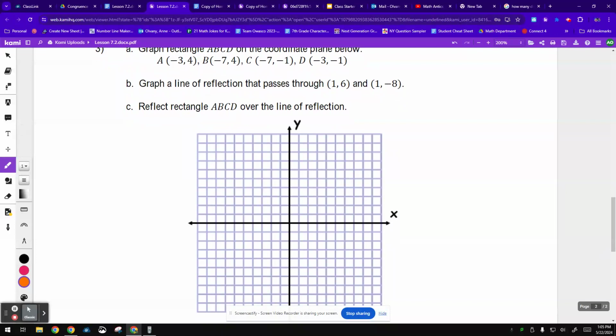So let's plot the point -3, 4. Always starting at the origin. Go back -3, up 4. You must label it with the capital A. That's how I know this matches that point. -7, 4, starting at the origin.